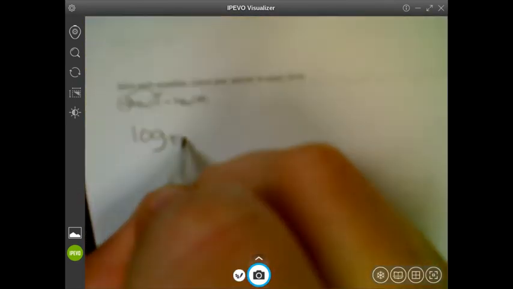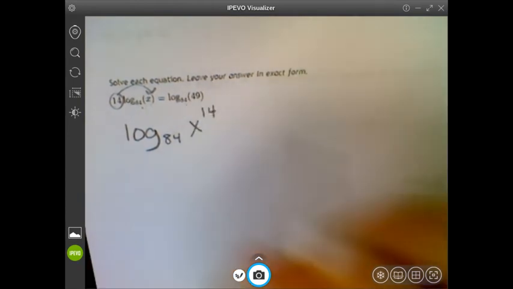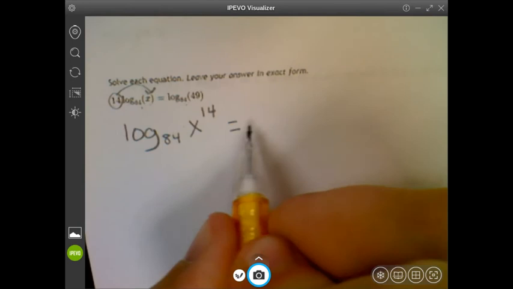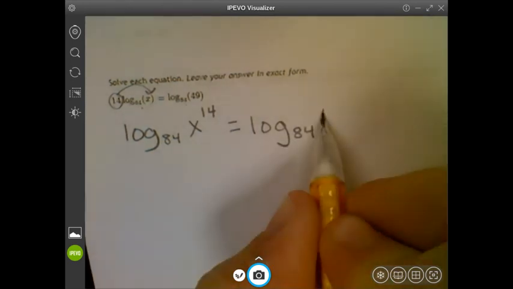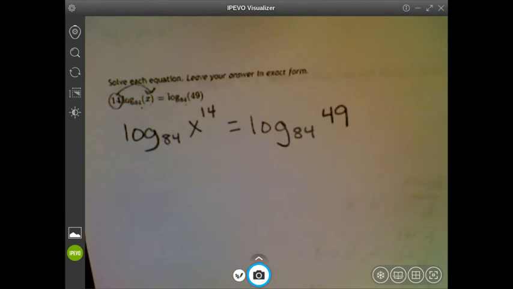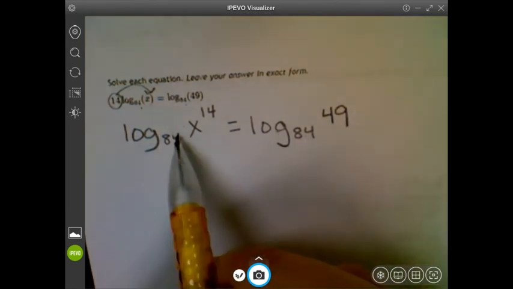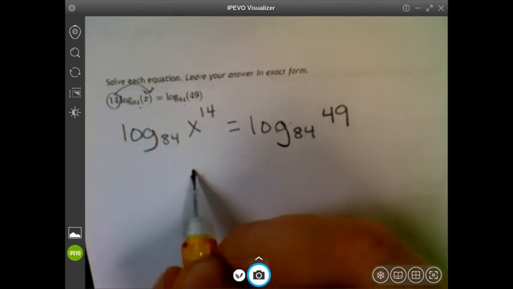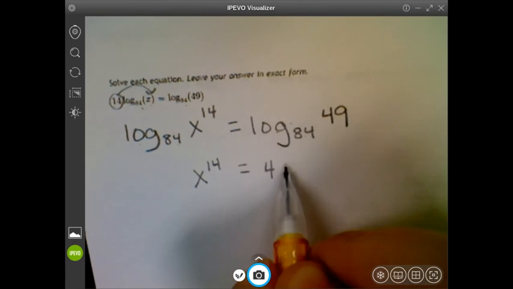So we can say log base 84 of x to the power of 14 is equal to log base 84 of 49. Now we have two logs that are the same. They have the same base, and they're equal to each other. So now we can say x to the 14th is equal to 49.